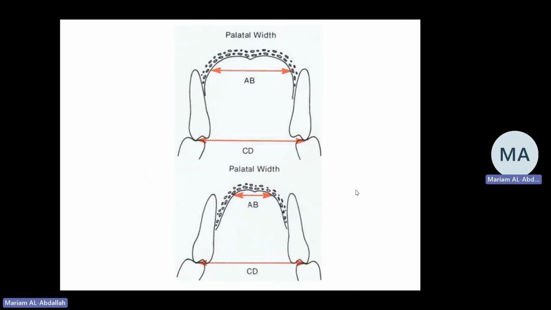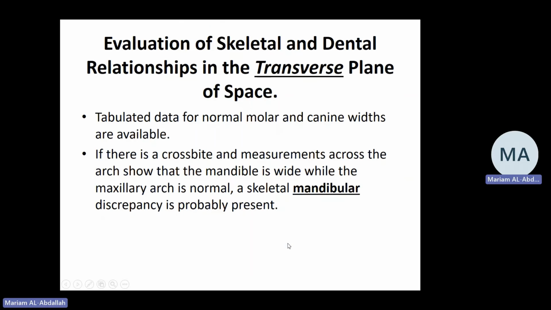So as you can see here, we have a normal transverse development of the maxilla, and the teeth are leaning inward, so most probably the crossbite is resulting from dental factors. Here we have a narrow transverse maxilla, and we have teeth that are leaning out, and the etiology is skeletal factors related to the narrow maxilla.